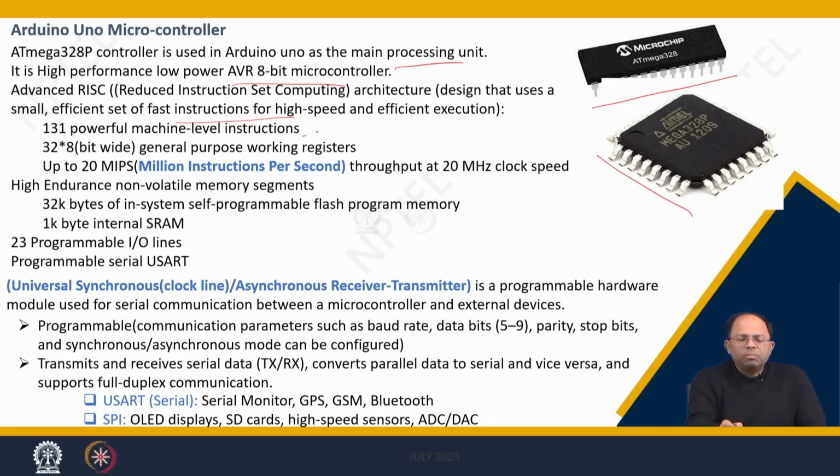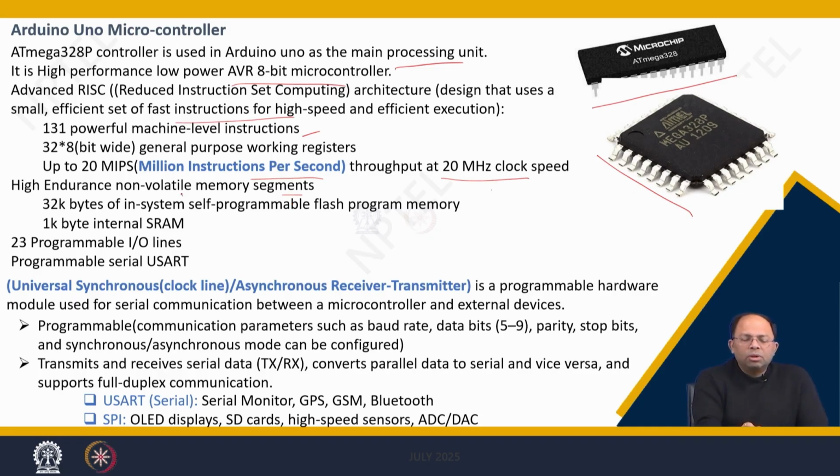So there are 131 powerful machine level instructions, and 32 registers, each 8 bits wide for data processing. Then about 20 MIPS, million instructions per second, throughput at 20 megahertz clock speed. The microcontroller can operate at this, but the board operates at 16, which we saw earlier. Then it has a little bit of non-volatile memory, so it can store the data.